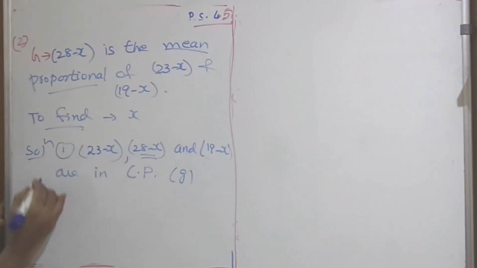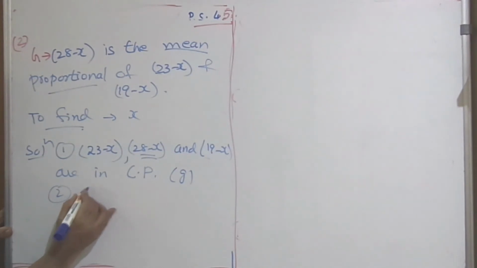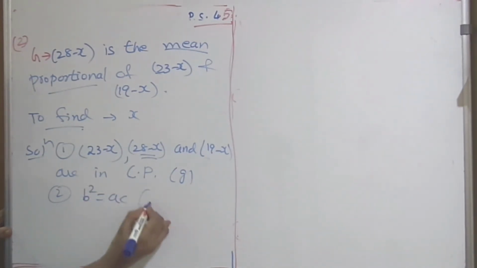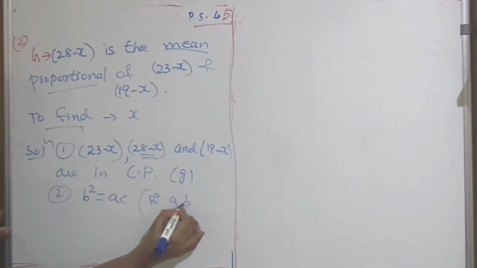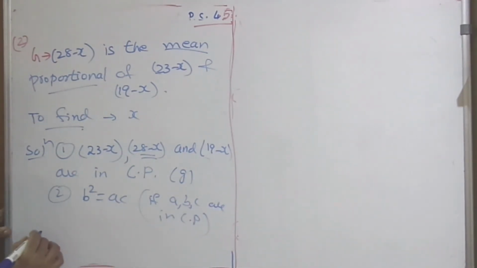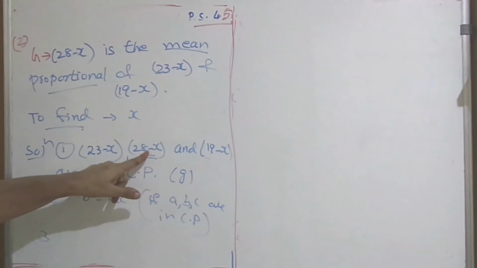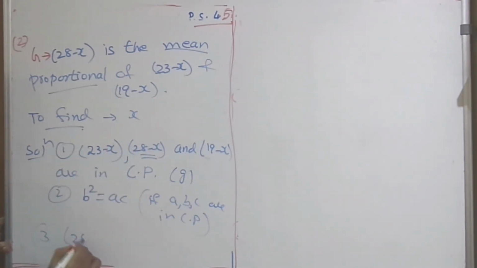Now you know that when three numbers A, B, C are in continued proportion, B square is equal to AC. B is the middle number, so (28 minus x) the whole square is equal to A into C, (23 minus x) into (19 minus x).